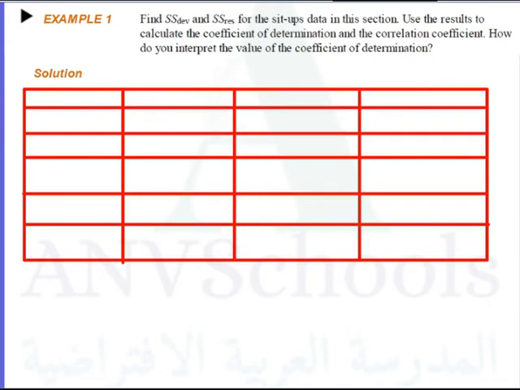We have X and we have Y. These are my X values, and this is for my Y values. This is for my deviation. My mean is 16. This is for the deviation squares, and this is for the residual squares.